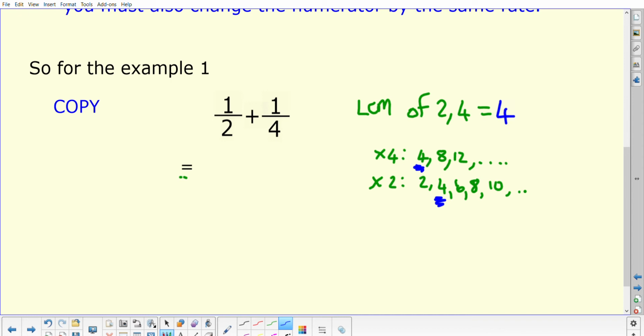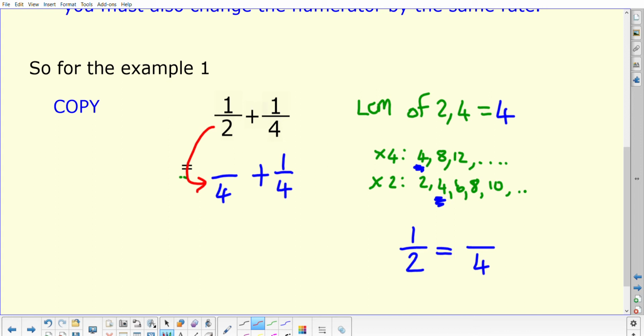So that means that the quarter is fine as it is, but I need to be able to write the half in terms of quarters. So I'm basically going to be changing from my half here, and the process that I'm doing in order to do that is multiplying by 2.